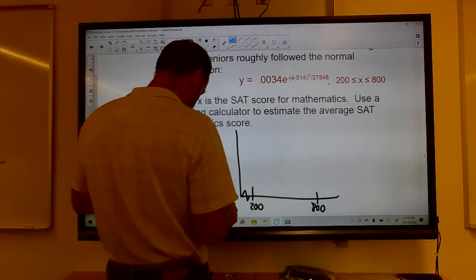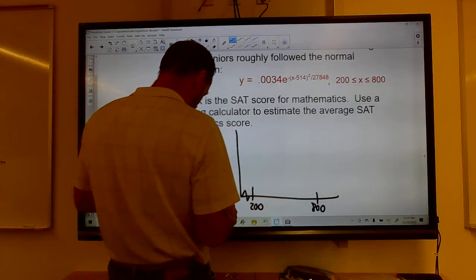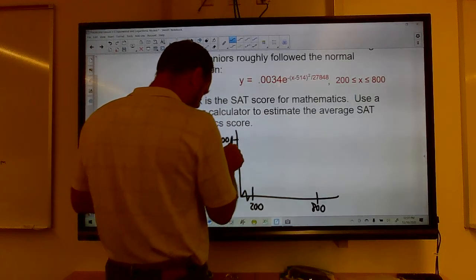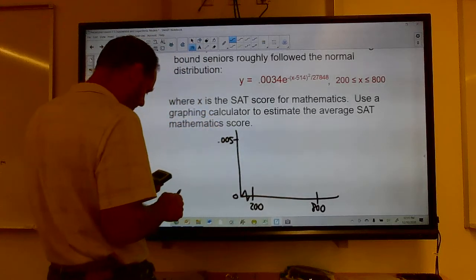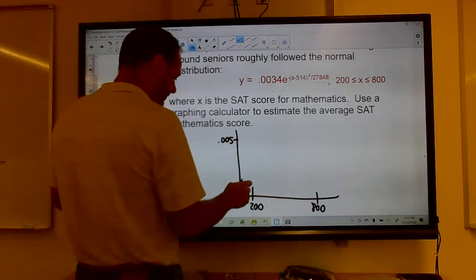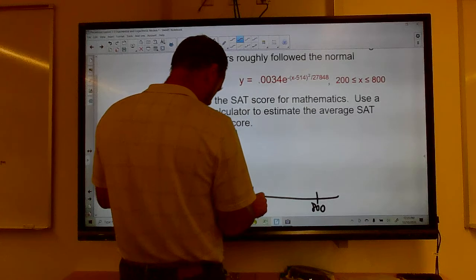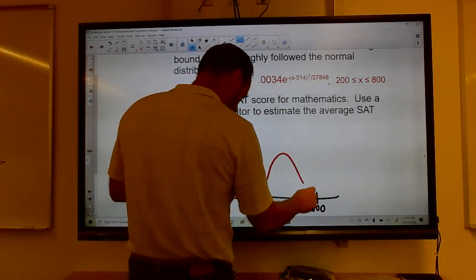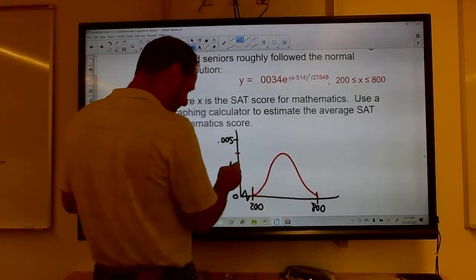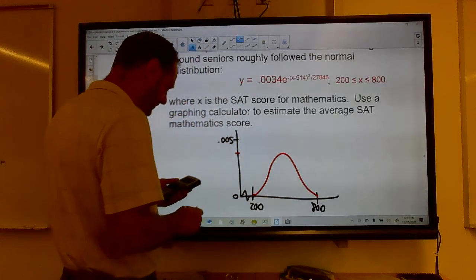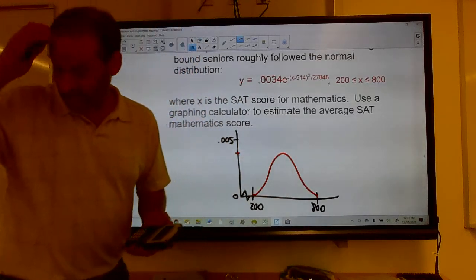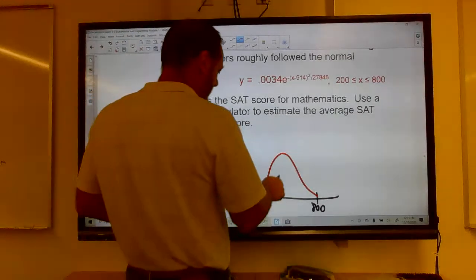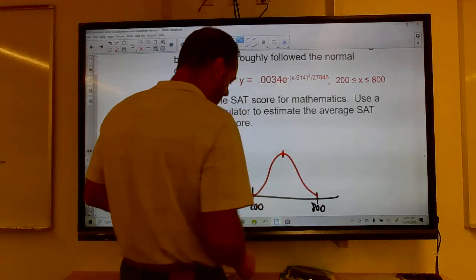This is going to be 0.005, and my graph kind of looks like this. And this appears to be right around 0.003. So I'm supposed to find the average. So the average is going to be right here.